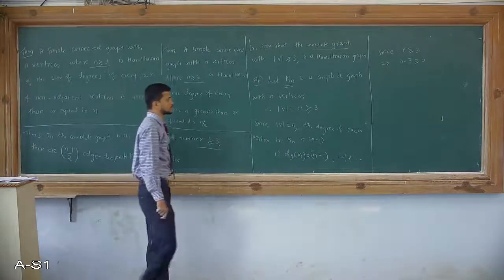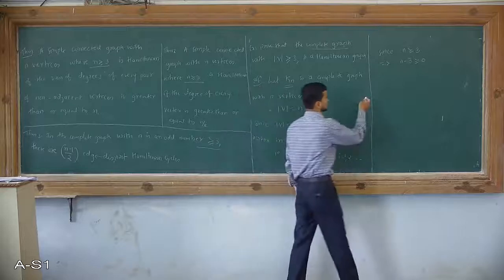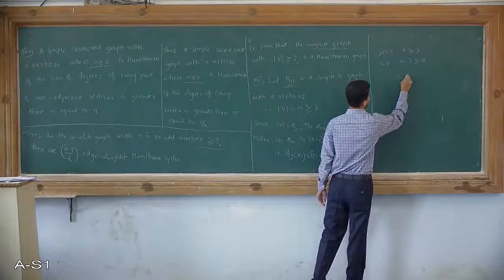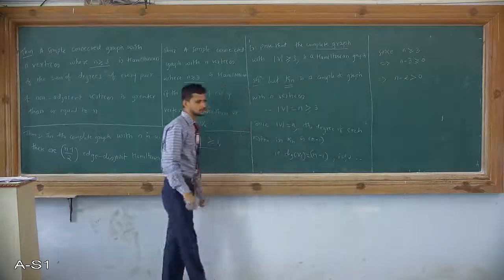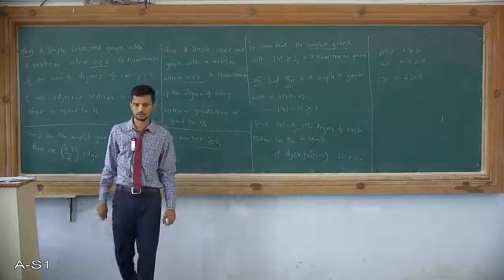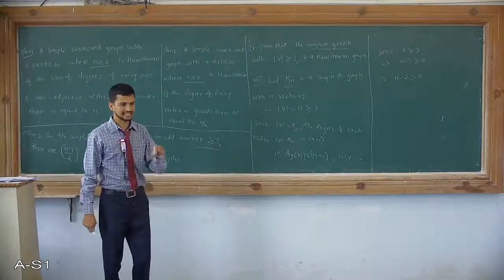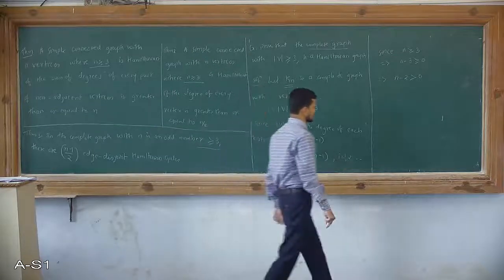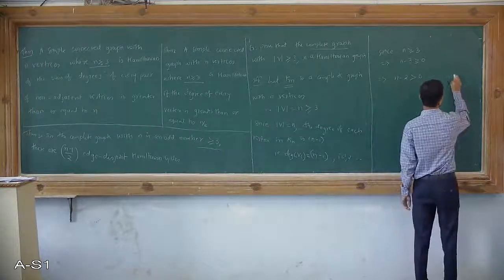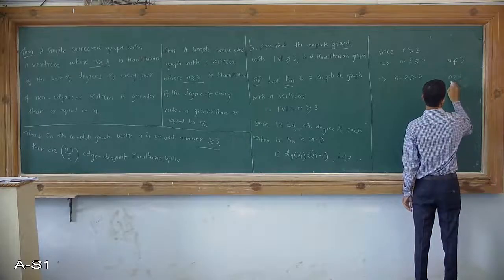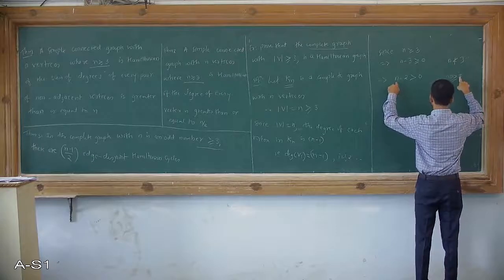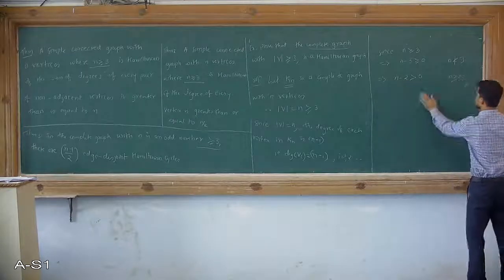So n is greater than or equal to 3, so we can consider n minus 2 to be a strictly positive number. Why? Because n is not less than 3, so if you take any n greater than or equal to 3, n minus 2 is always positive.